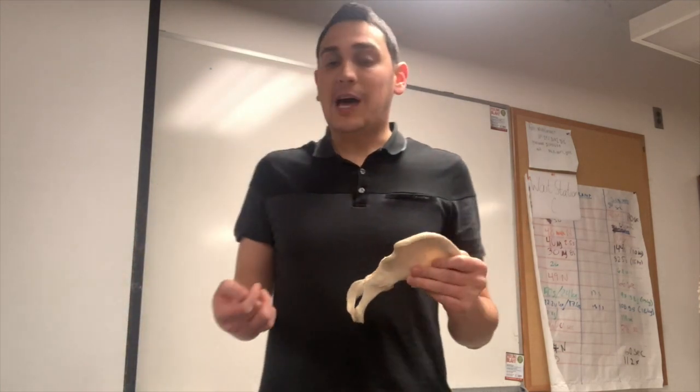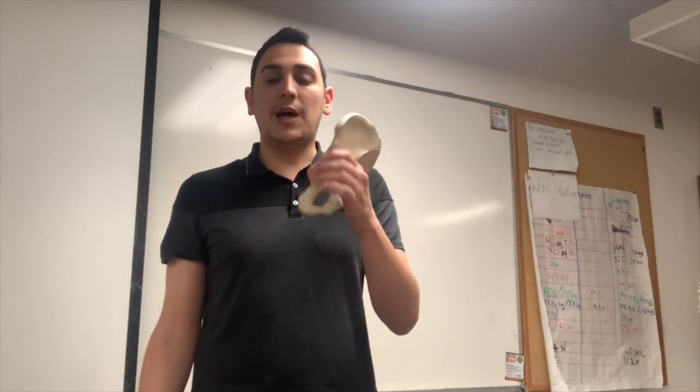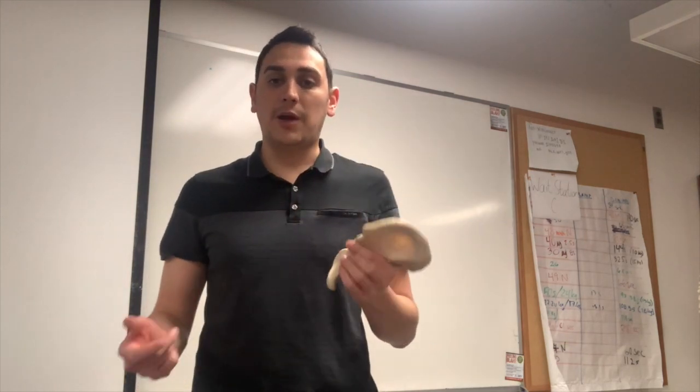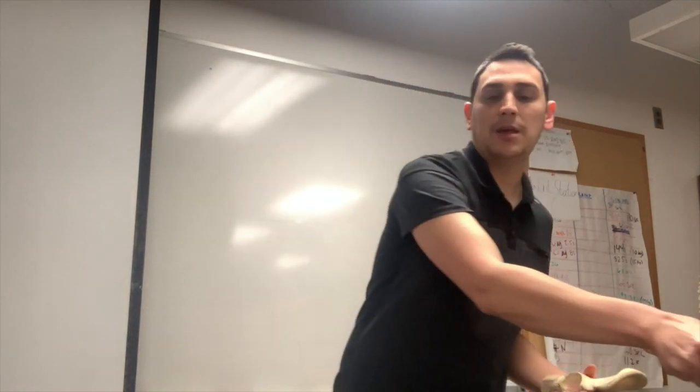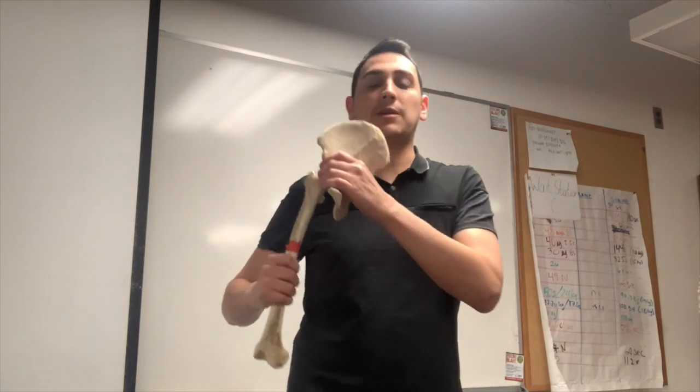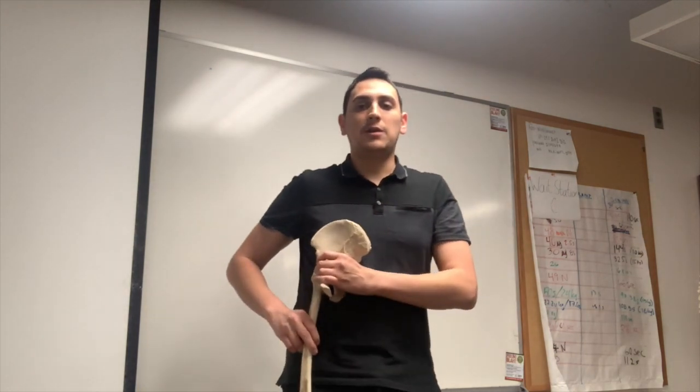So we need a medial lateral reference. And the most obvious one is the acetabulum. So the acetabulum has to face laterally. And how do I know that? Well, using similar logic that we use with the scapula and the humerus, right? In order for the acetabulum of the os coxa to articulate with the head of the femur, it has to face laterally in order for our thigh to be where it should be.